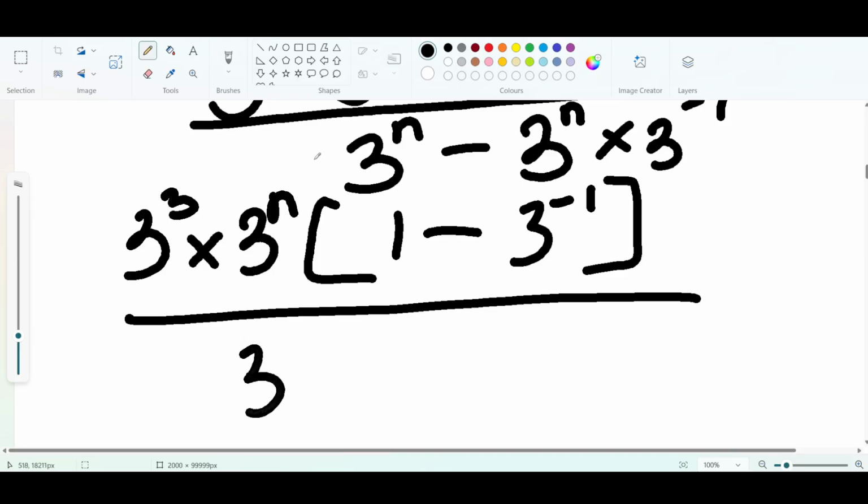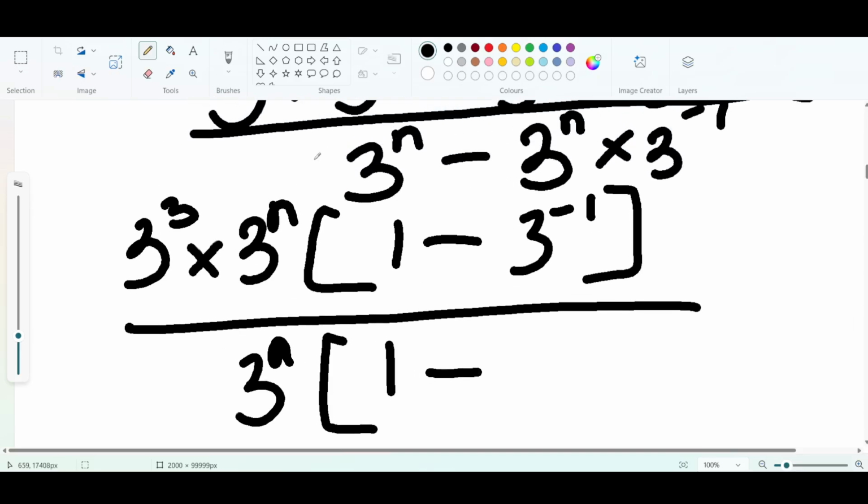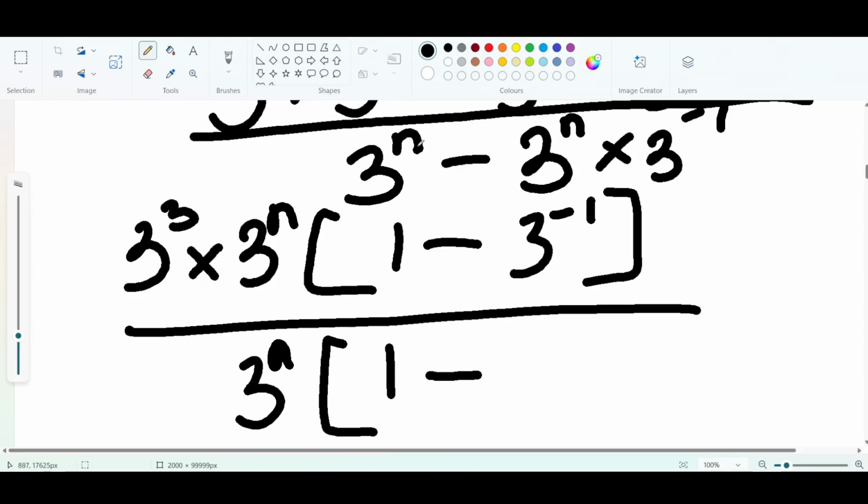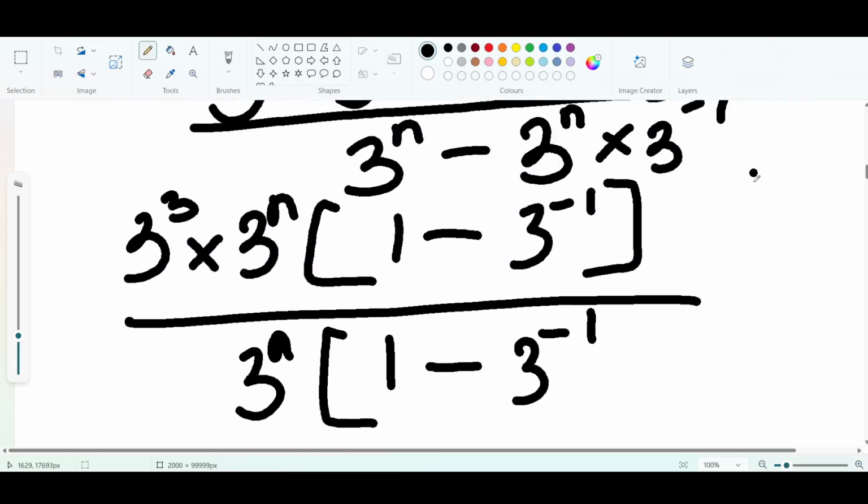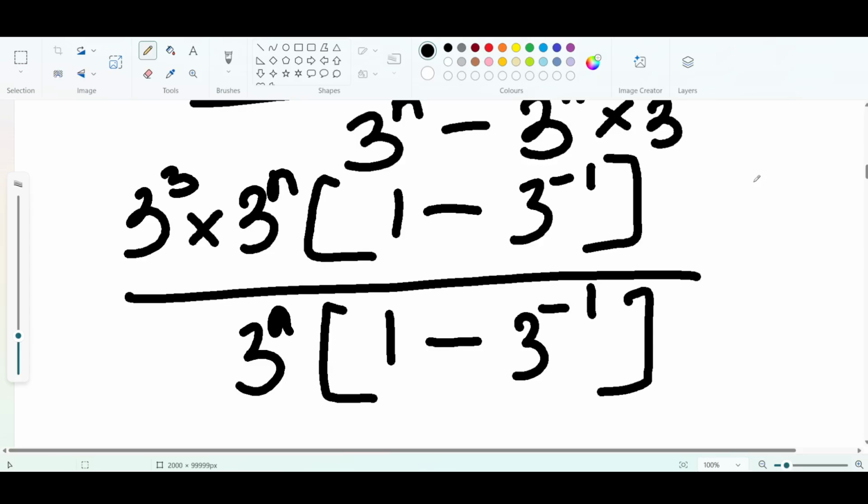We open the bracket, that will be 1 minus 3 raised to the power minus 1. 3 raised to the power n divided by 3 raised to the power n is going to be 1, and 3 raised to the power n divided by these two, we will be left with 3 raised to the power minus 1, right? So this is going to be the final answer.